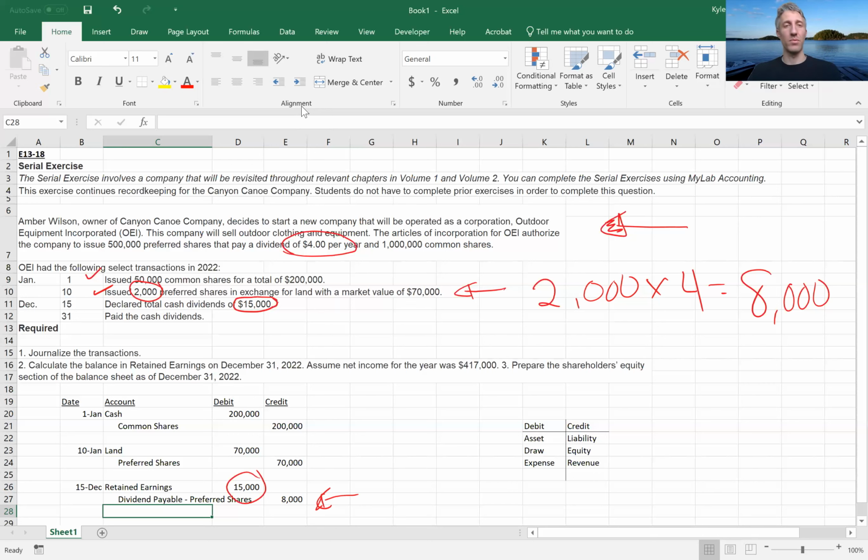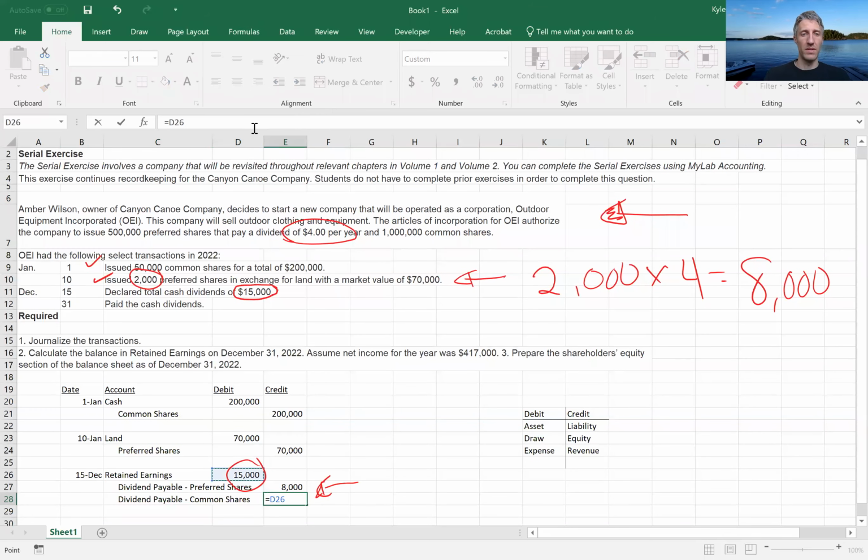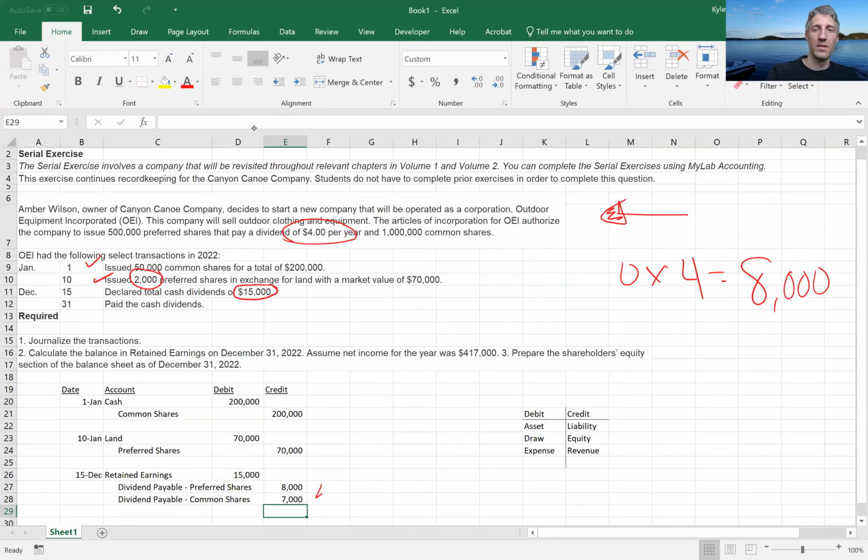It was given in the question, preferred shares usually have a fixed dividend rate. So the remainder is going to go to the common shareholders. 15,000 minus 8,000 is going to be 7,000 to the common shareholders. That's on the declaration date.